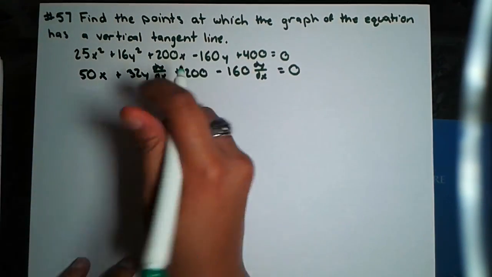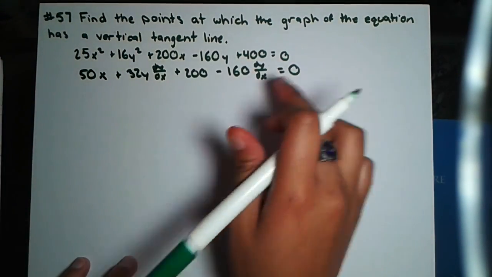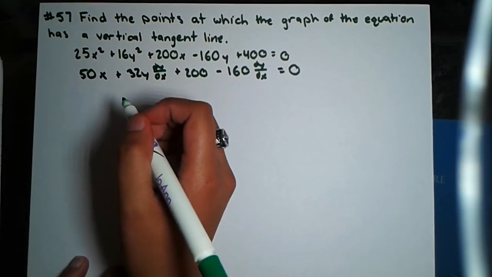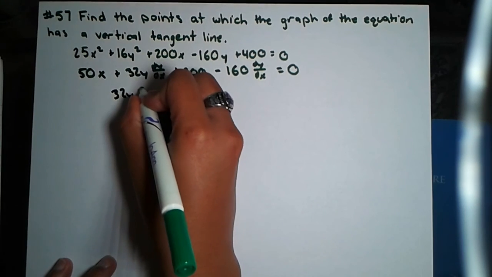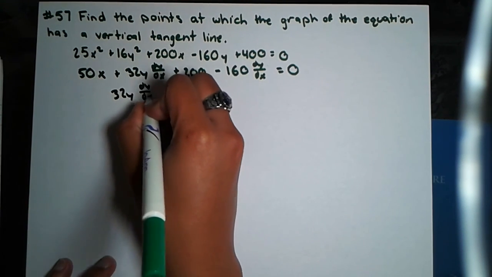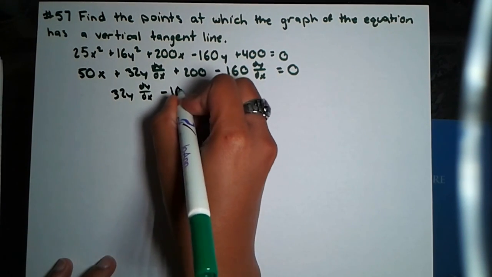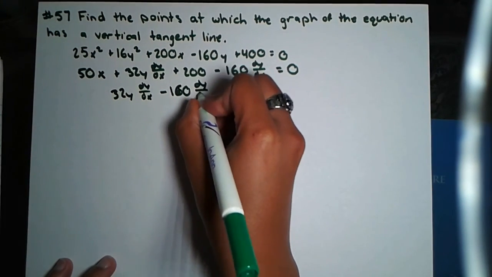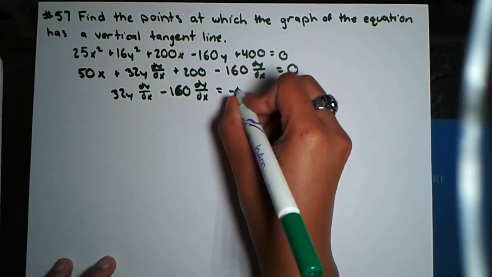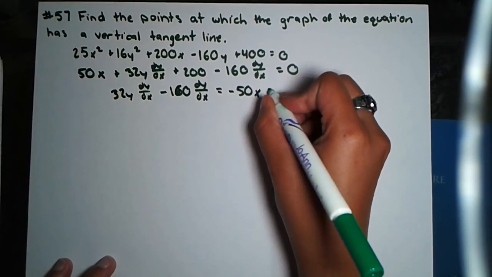So first subtract 50x and 200 so that you can get it on the other side. So you would have 32y dy/dx minus 160 dy/dx equals negative 50x minus 200.